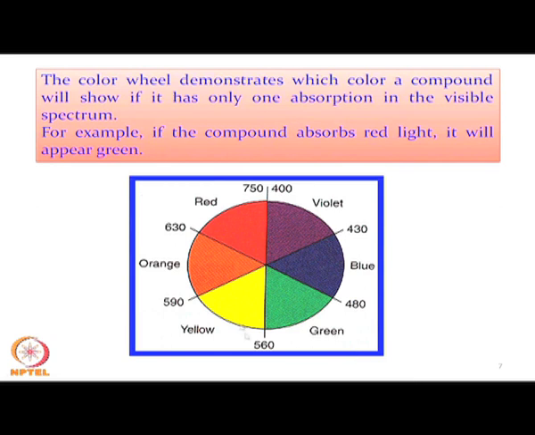So, though we are distributing these colors over different ranges, the span from 630 to 750 is 120 nanometer, but the green region is only 80 nanometer, because it is 480 to 560. So, this is basically 80 nanometer.